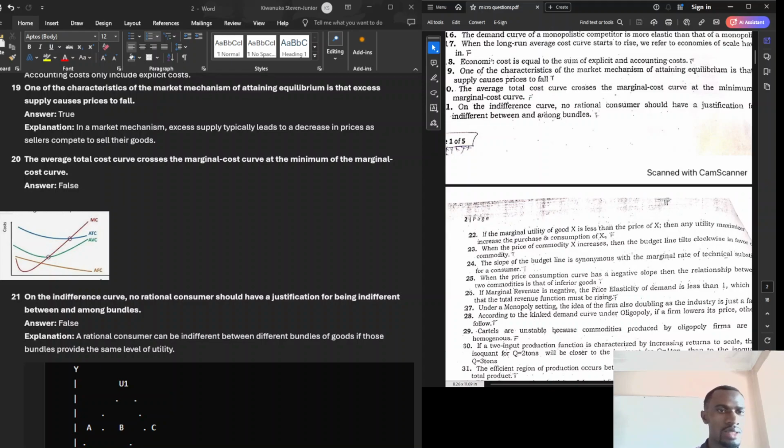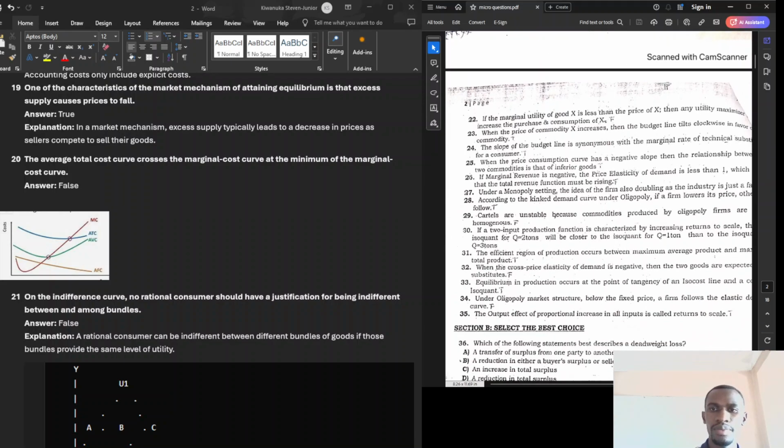The average total cost is this one. The average total cost curve crosses the marginal cost curve at the minimum of the average total cost, not at the minimum marginal cost. We see that it is not true according to the illustration.